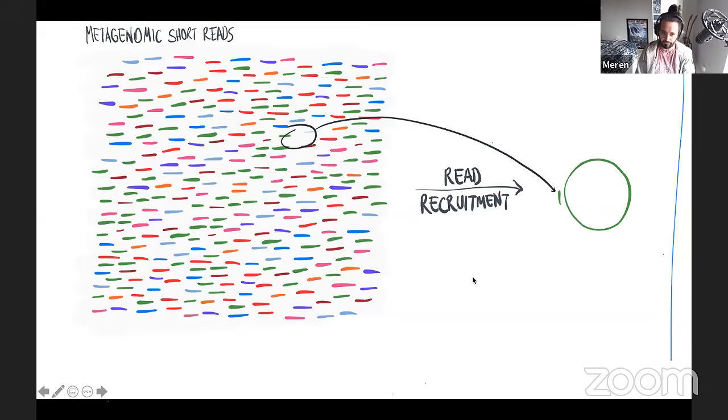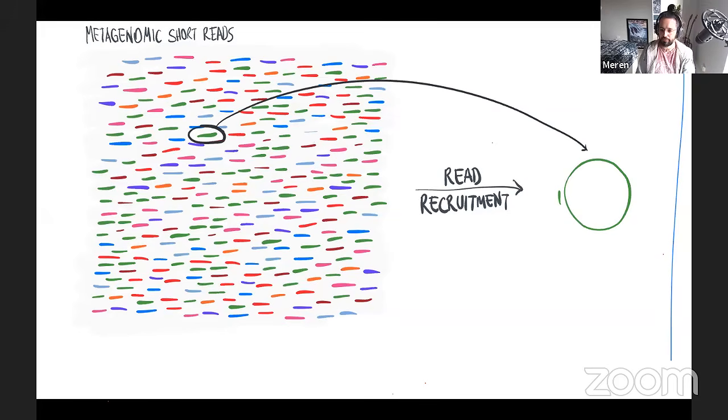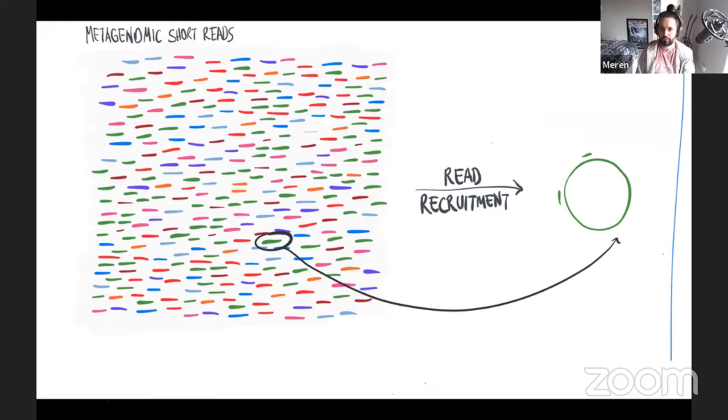So let's imagine we take it out of our collection of short reads. And then next, we identify another short read. We look at the genome, and it turns out that it matches to this part of the genome. And then we align it there, and we find another one, and so on and so forth.